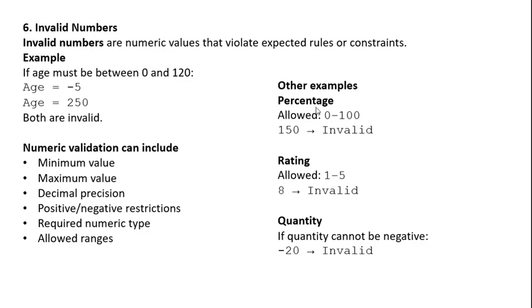Other examples: a percentage is 0 to 100, and 150 is invalid. A rating is 1 to 5, and 8 is invalid.